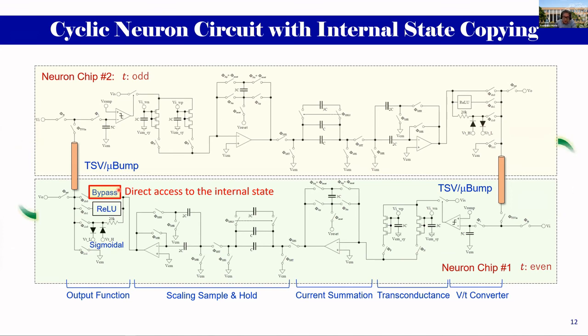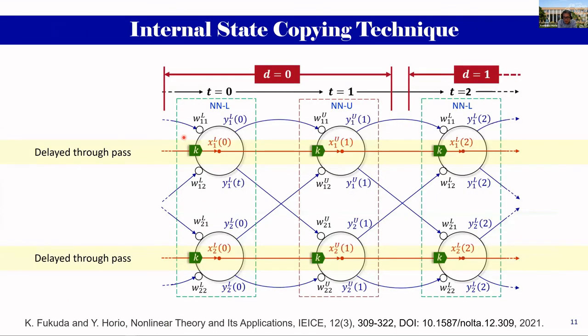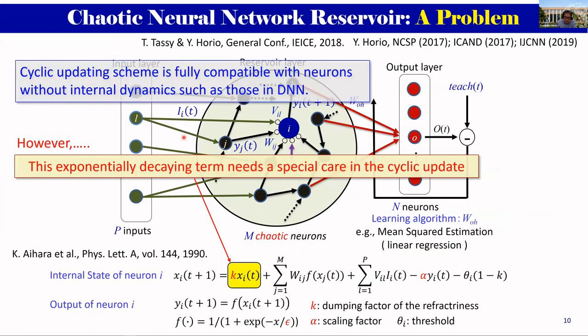As I said, the parameters k, alpha and epsilon are the hyperparameters. That means we need to select them carefully. So we are still working on the analysis of the dynamics and the relationship between the dynamics and the performance of the network by using some dynamical systems theory or something like that.